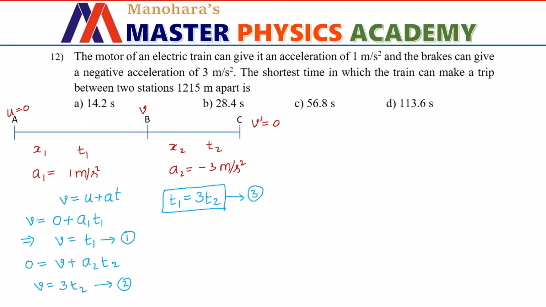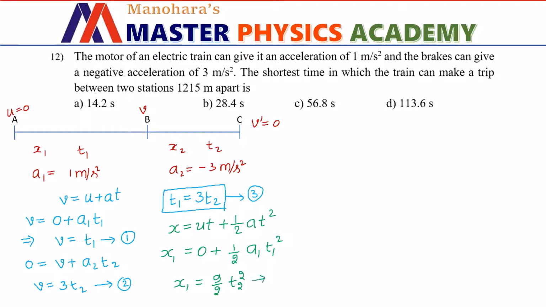Again, we know that the displacement equation is given by x is equal to ut plus half at squared. Using this for the first part, we have x1 equals 0 plus half a1 t1 squared. Substituting and simplifying, we have x1 is equal to 9 by 2 t2 squared.